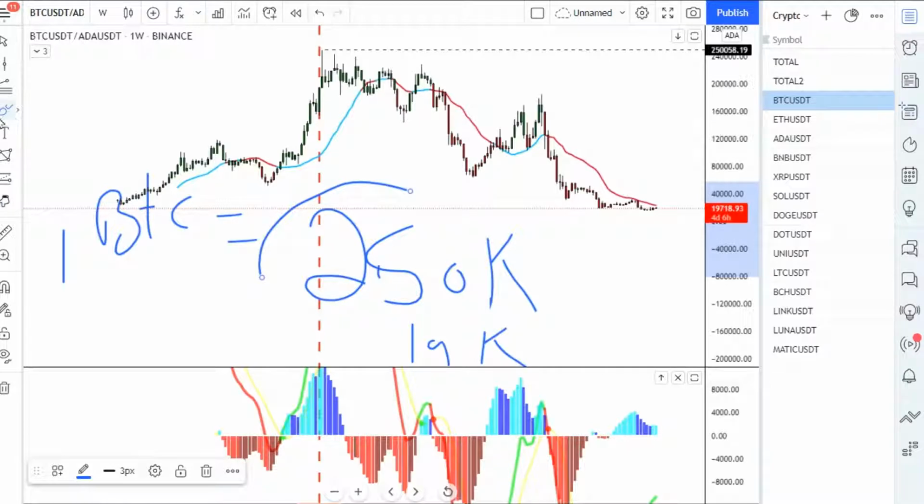So Cardano compared to Bitcoin did grow 13 times, within 1 year, or 2 years I guess, because that's 2019. That's a big difference, guys.